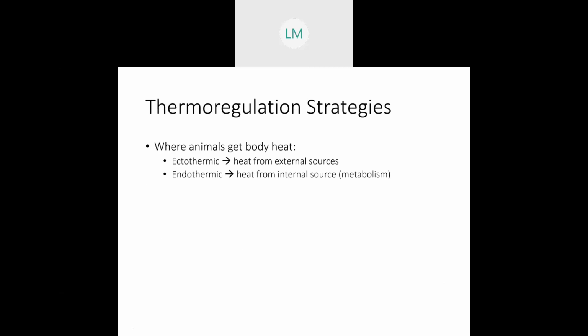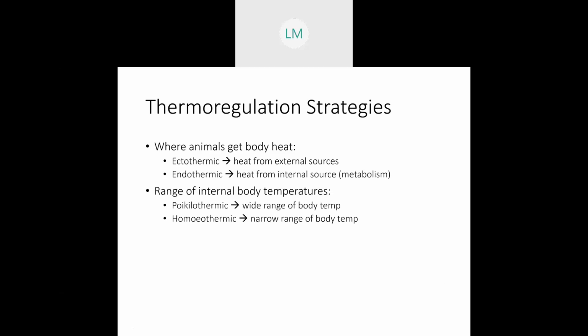So that's like us. We get our body heat from our metabolism. It is an internal source, but things like lizards or snakes, if they get cold, they need to move out into the sun to warm up their body, right? They're getting that heat from an external source. But then you can also have different strategies on how much change you can tolerate in your body. So we are considered to be homeothermic, right?